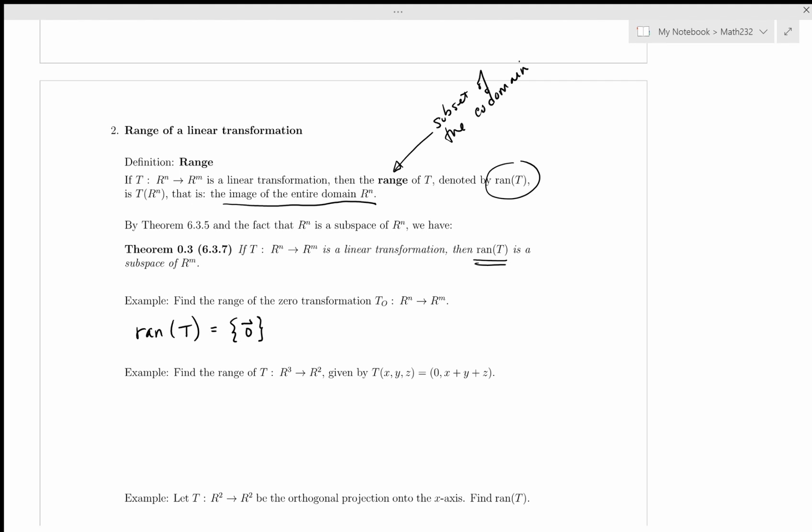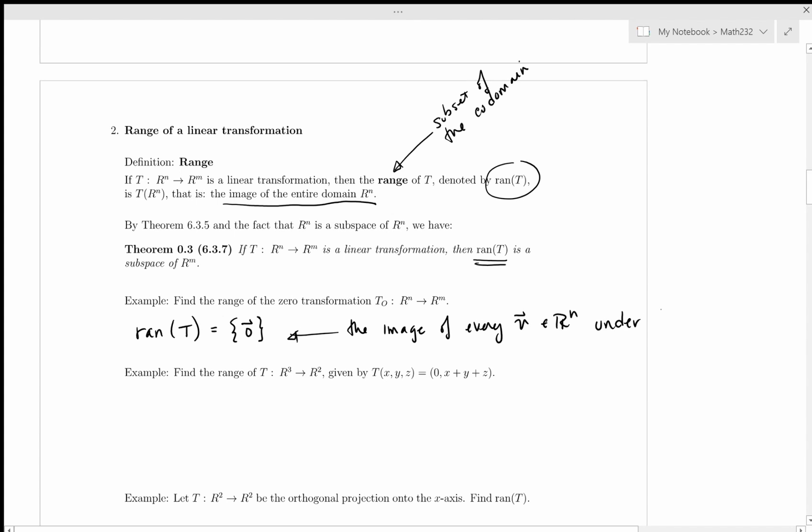So all the possible outputs that I can get from this function is the zero vector. This is the image of every v in Rn under T, and that's precisely 0.